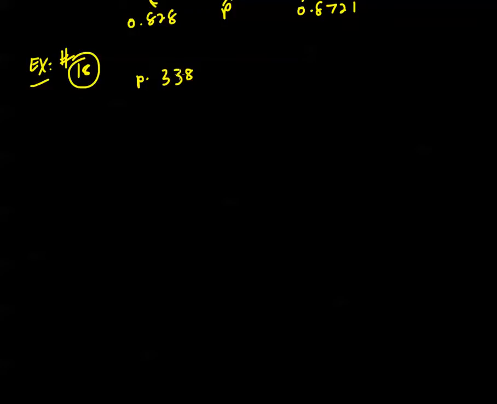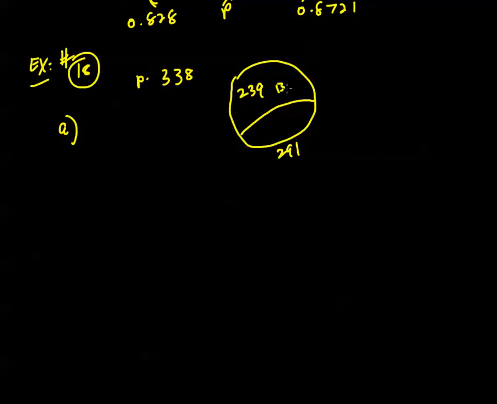Alright, we got parts A and B. I want to look at parts A and B. Let's summarize the given information here. I'm going to make a little circle showing that we've got 291 babies in this study, and 239 of them were boys.